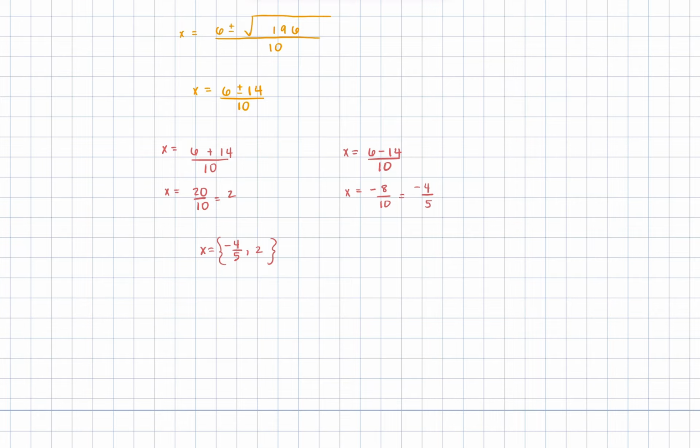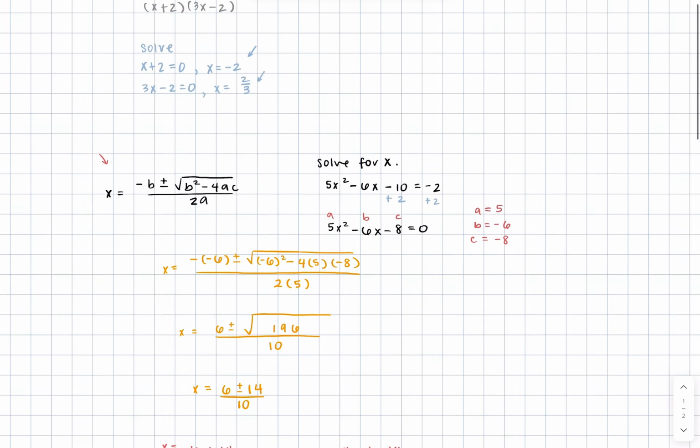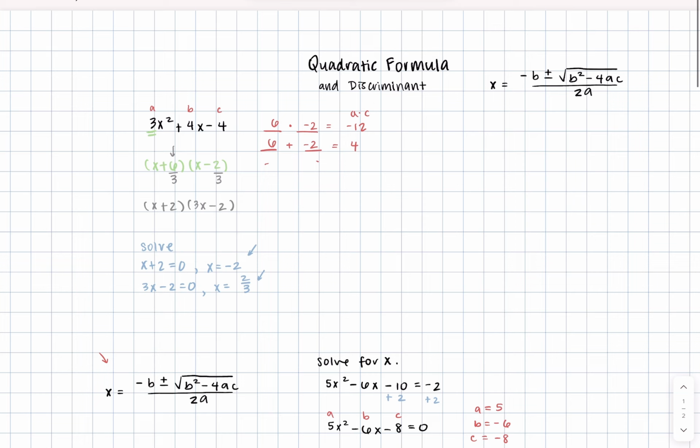Now to find the discriminant. The formula for the discriminant is d, for discriminant, equals b squared minus 4ac. Something that's important to remember is if the discriminant, the value you get, is greater than 0, then you have two real solutions.